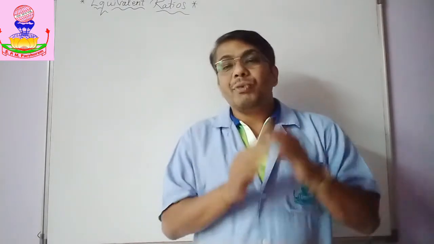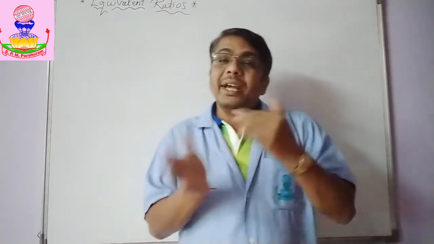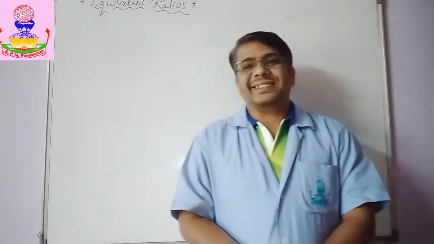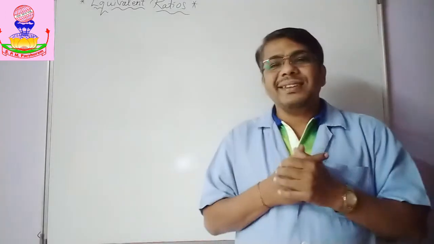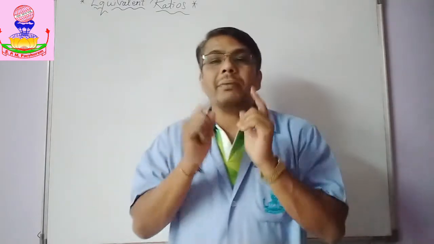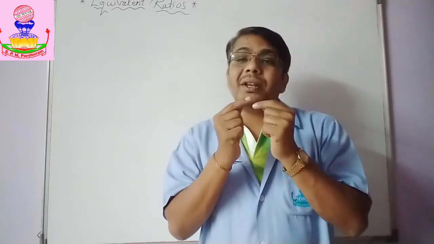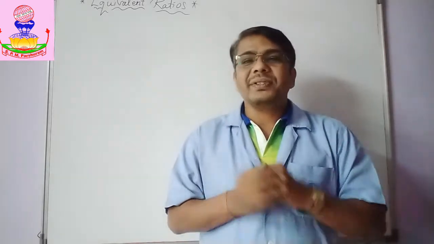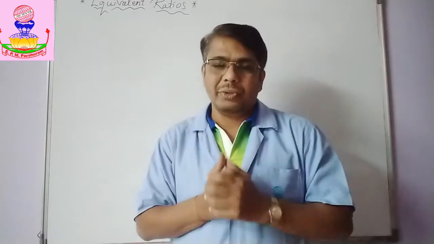So first what we do, we write the ratios in the form of a fraction. Then what we do, we convert them in like fractions. You know like fractions. Okay, and then once we convert them in like fractions, we compare them and we decide whether they are equal or smaller or bigger. If they are equal, then we say that they are equivalent ratios.